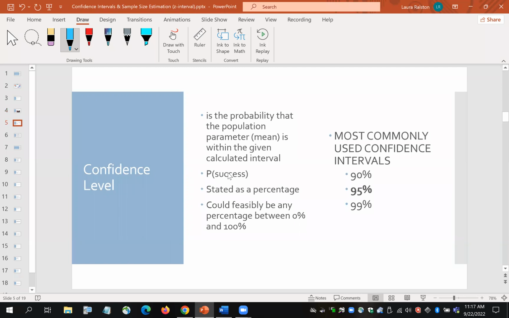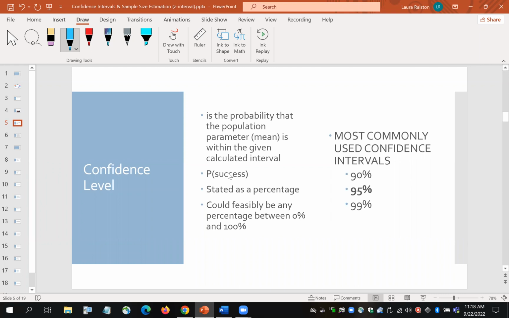The confidence level, got to get all the pieces going on here. The confidence level is the probability that the population parameter is within the given calculated interval. Okay, so that's the confidence level: the probability that the population parameter, in our case the mean, falls within that given calculated interval.